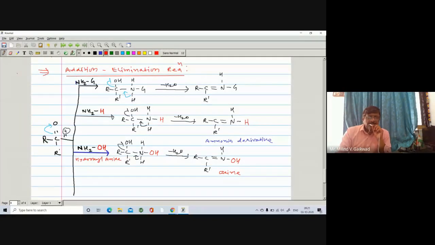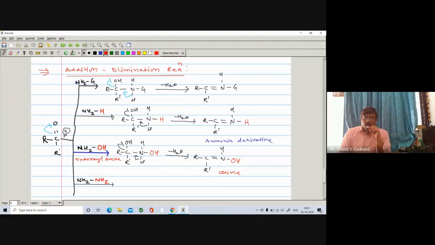So next example, suppose you have such a type of compound. Now here I will put the G group as NH2.